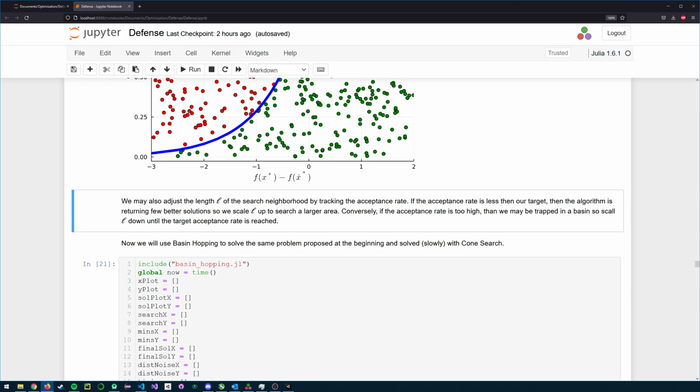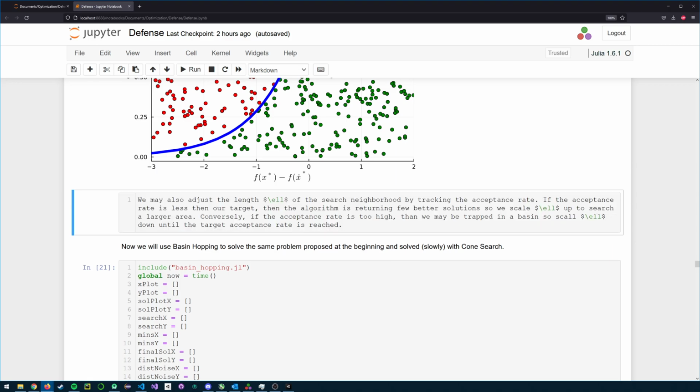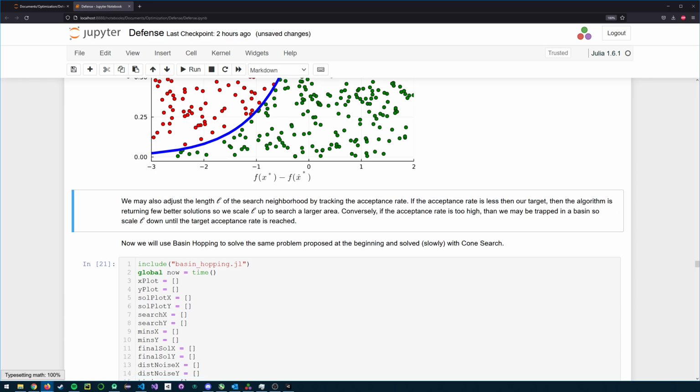If our acceptance rate is low, less than some target value, say 50% or so, then the algorithm is returning very few better solutions, so we scale our search length up to get a larger search area. Conversely, if the acceptance rate is too high, then we may be trapped in a basin. So we scale our L value down until the target acceptance rate is reached.